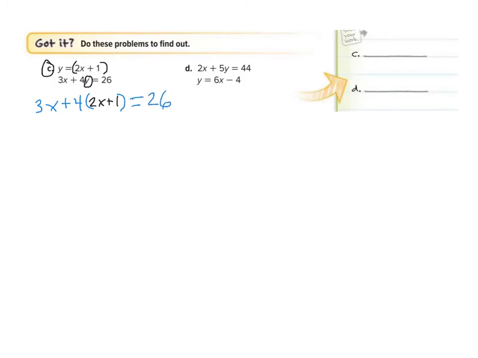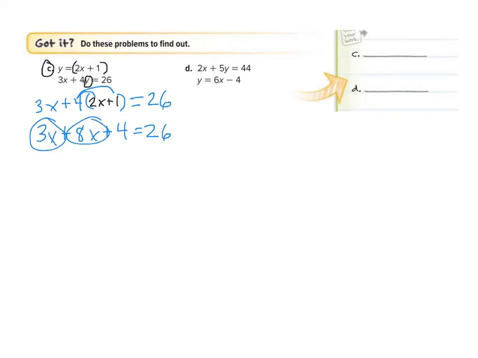Okay, so we have to use the distributive property, 3 times 2x and 4 times 1. So it's 3x plus 4 times 2x, which is 8x, plus 4 times 1, which is 4, equals 26. Then let's combine like terms.